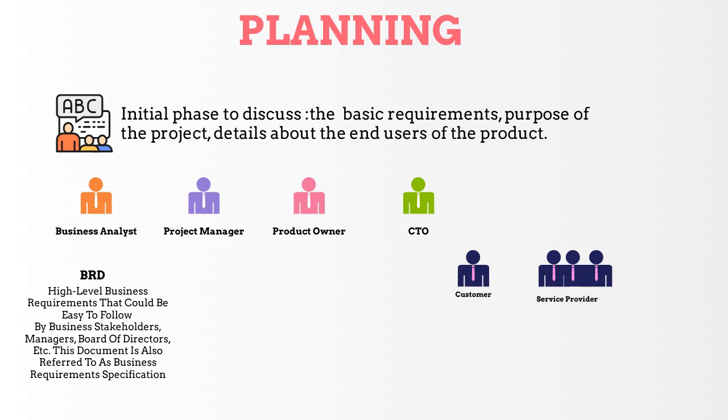During this phase, the business analysts create a BRD, also known as the business requirement document, which mostly captures the very high level business requirements that could be used by the business stakeholders, managers, board of directors, and many more high level management. In this phase, basically your client gives very high level requirements to the service provider.